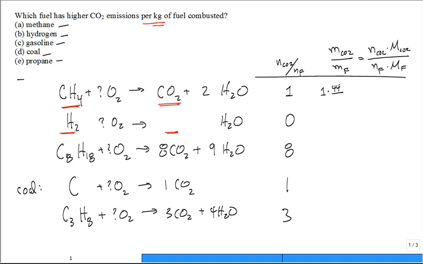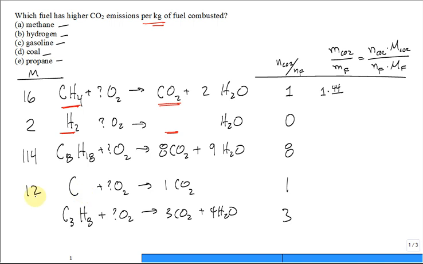What's the molar mass of CH4? 16. It's 12 for the carbon, 1 for each of the hydrogens. What is this one? 2. What is this one? 12 for each of the carbons and 1 for each of the hydrogens. And it comes in at what? 114 or thereabouts.